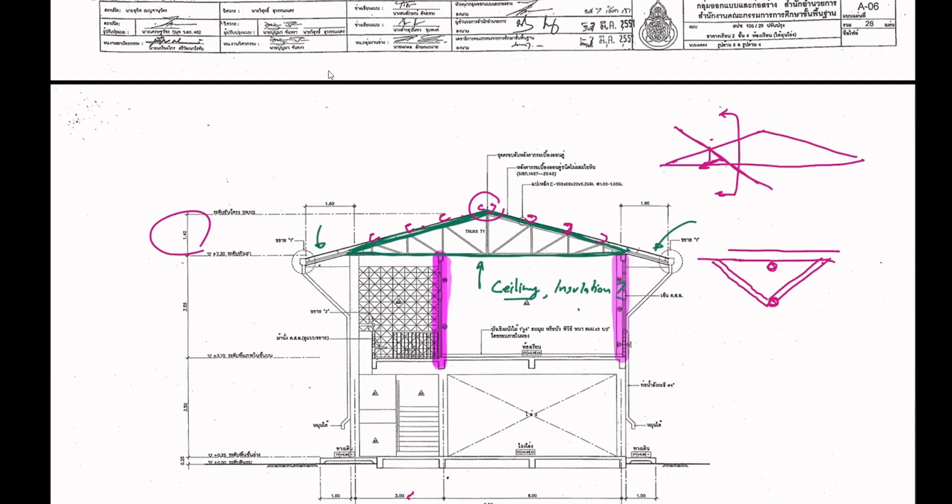So when that becomes the case, or when you design a mega truss, for example, in Mecca Bang Na, have you been there? In the concert hall, if you look up, it's a mega truss on top. In that case, you have to include the weight of the member, and your analysis becomes quite complicated.